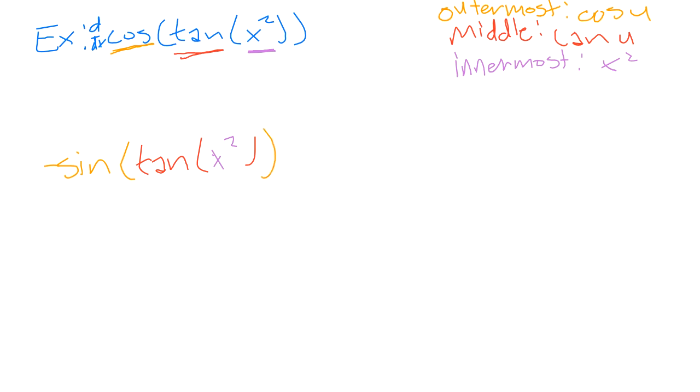Next, we're going to multiply this times the derivative of our middle function. If we take the derivative of tangent of x squared, the outer function of that is tangent, so the derivative of tangent is going to be secant squared. And then our inner function is going to be left alone. Now we take the derivative of our innermost function, x squared, which will give us 2x.